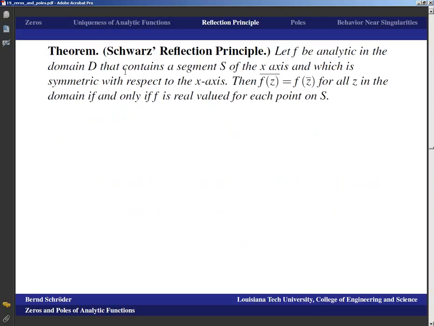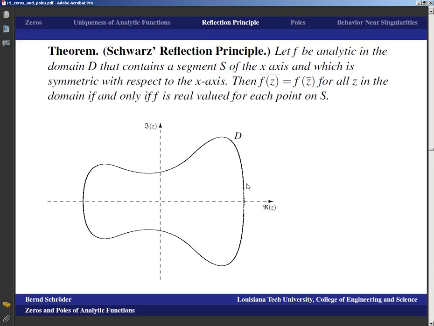If f is analytic in the domain D that contains a segment S of the x-axis, and D is symmetric with respect to the x-axis, so symmetric with respect to the real line, then f of z bar is equal to f of z, the conjugate, for all z in the domain, if and only if f is real valued for each point on this line segment S of the x-axis that is contained in the domain. So our domain has to be symmetric, and we're only concentrating on this line segment here.